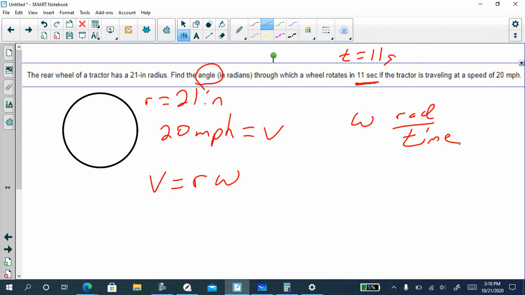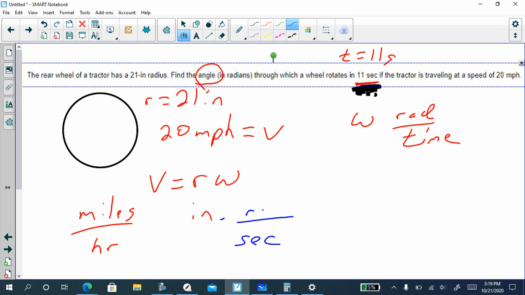So a linear velocity of, let's see, we have to be careful, don't we? Because on the right side, R is in inches. On the left side, velocity is in miles per hour. It would be nice if we could get our time unit in seconds, so that on the right side we had radians per second.